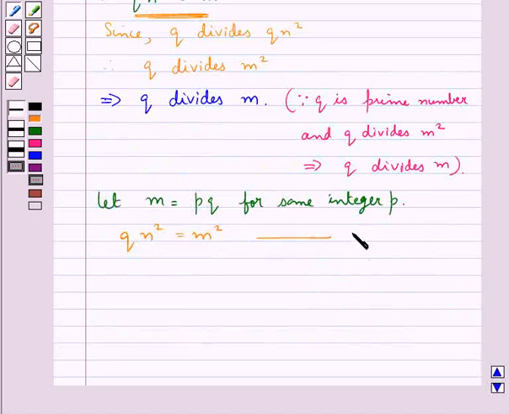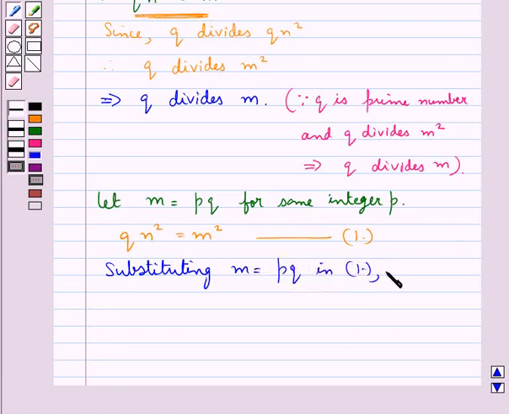Let this be equation 1. So now substituting m is equal to pq in equation 1, we get qn square is equal to p square q square. This means we have n square is equal to qp square.